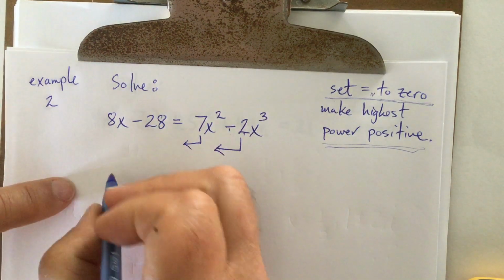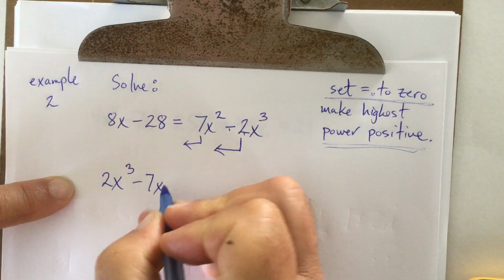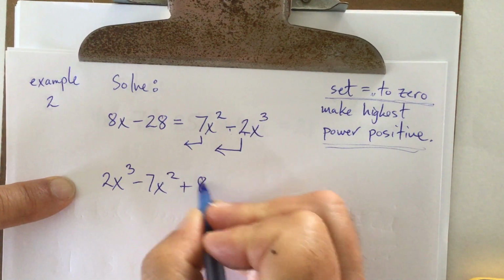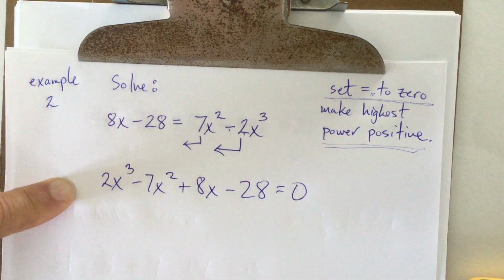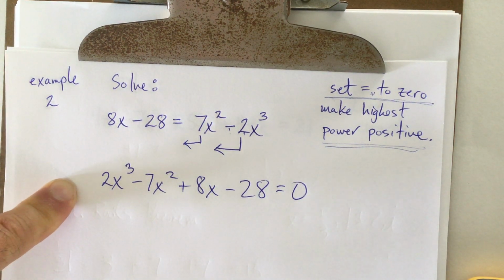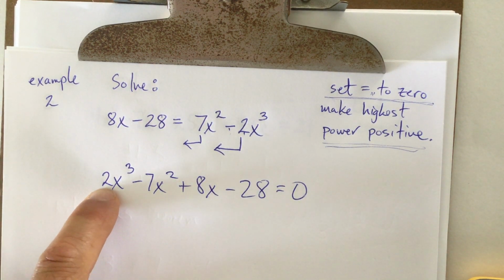But if I do that, the result should be this. I get everything on one side, it equals 0. That's what I got. Now, this guy, once again, that's not a 1, that's a 2.